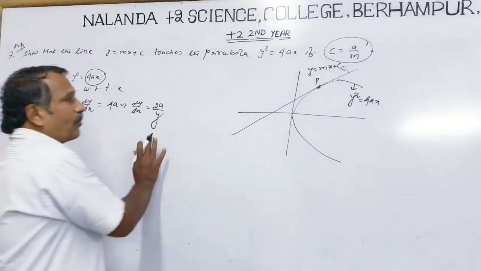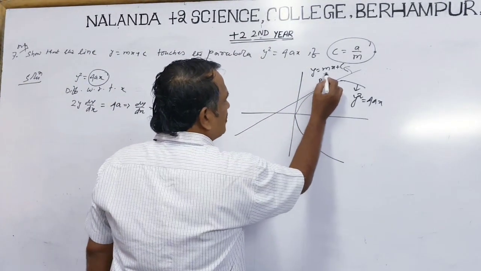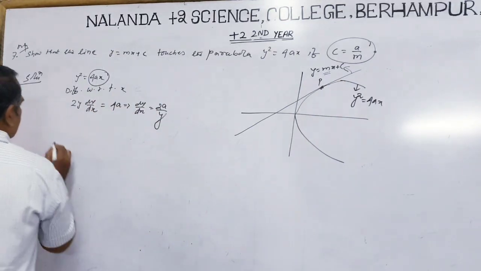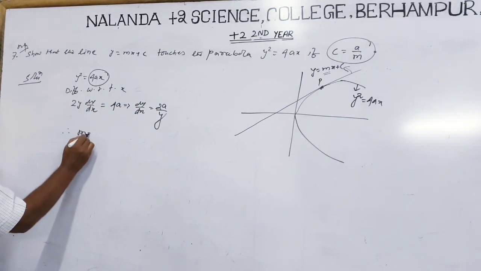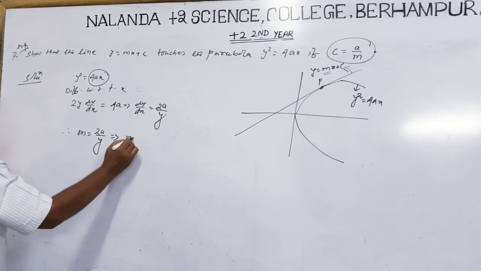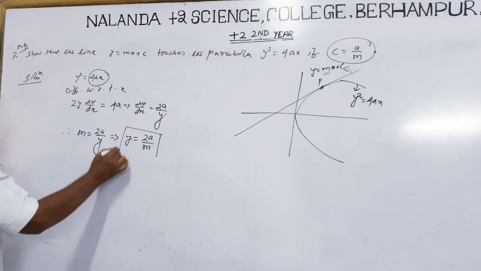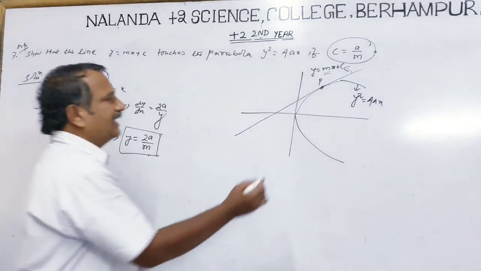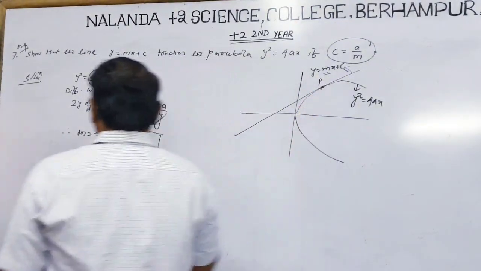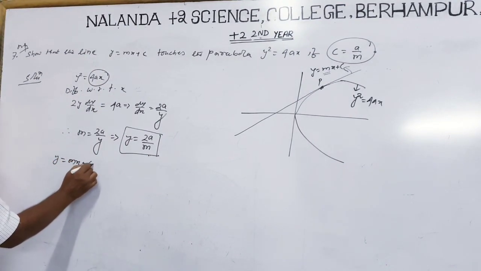So that means the slope of the tangent. Now here, therefore, m equals 2a by y, or y equals 2a by m. Now this point also lies on the line. Now substitute here y equals mx plus c.